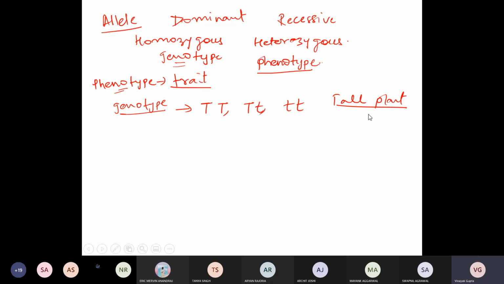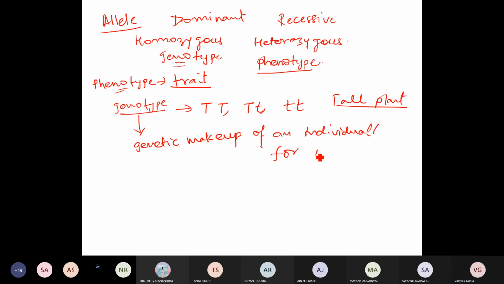So genotype, basically, is a representation of the genetic makeup of an individual for a particular trait, and it is always represented by two letters.